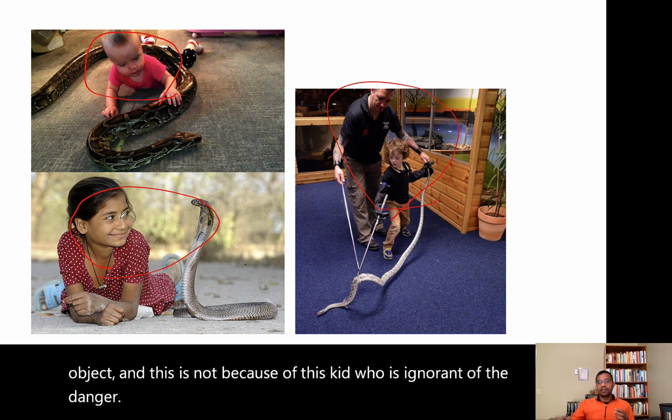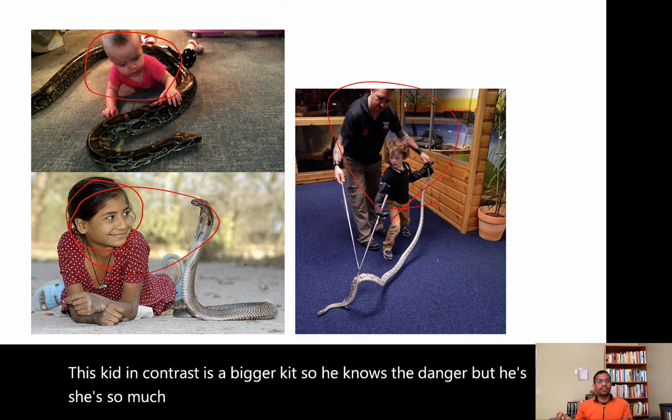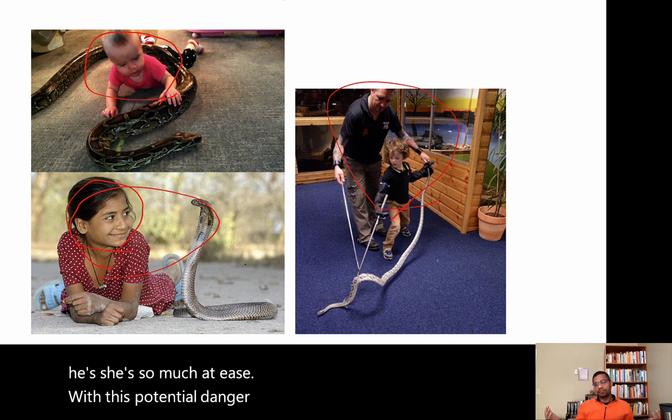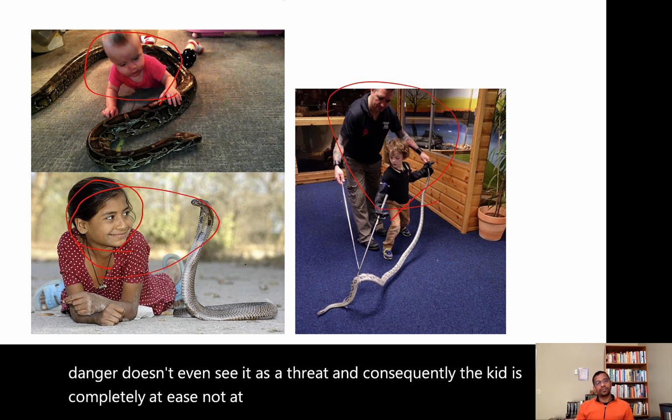This kid, in contrast, is a bigger kid, so he knows the danger, but is so much at ease with this potential danger that he doesn't even believe it to be a danger, doesn't even see it as a threat, and consequently the kid is completely at ease, not at all feeling stressed.